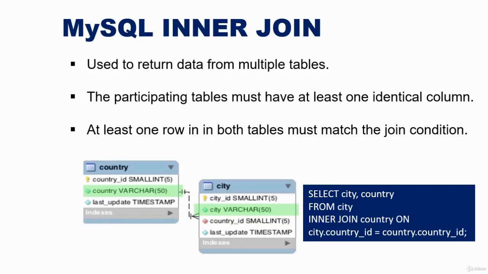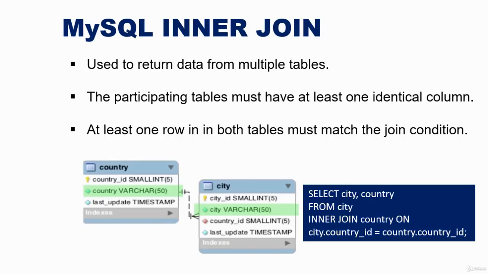Being the common field or column in both tables, that is represented in the join condition. So inside the inner join, we are joining the country table, and this is the condition. We're joining the country ID from the city table to the country ID in the country table.